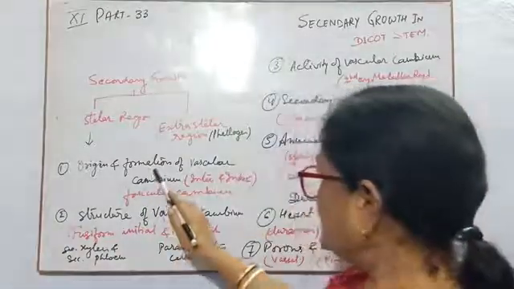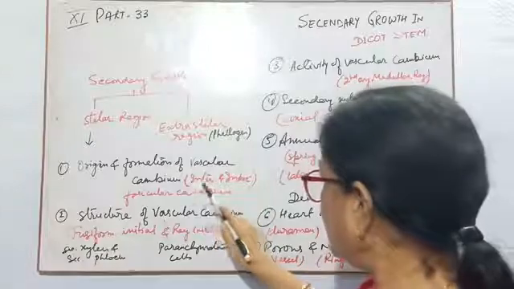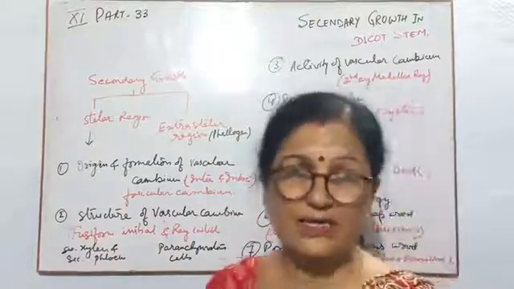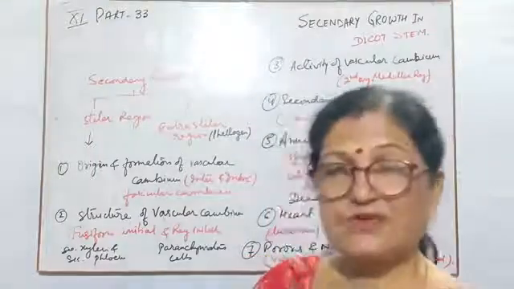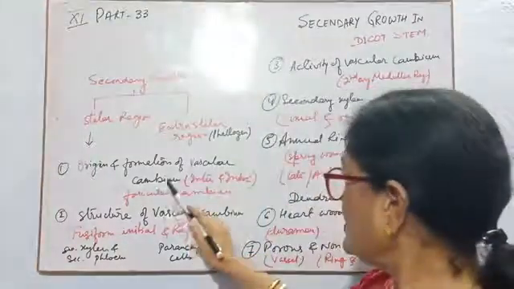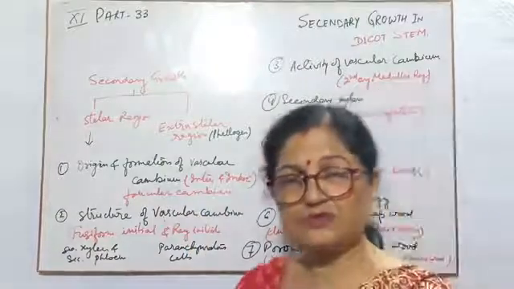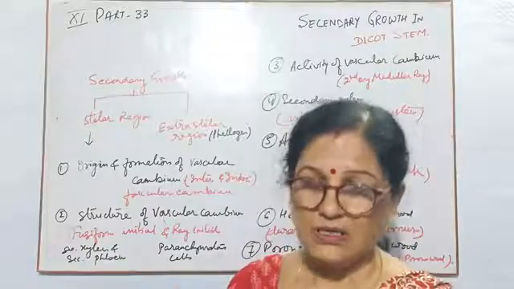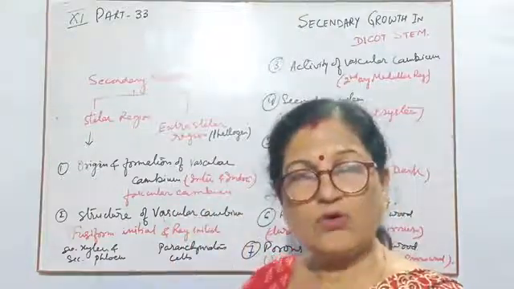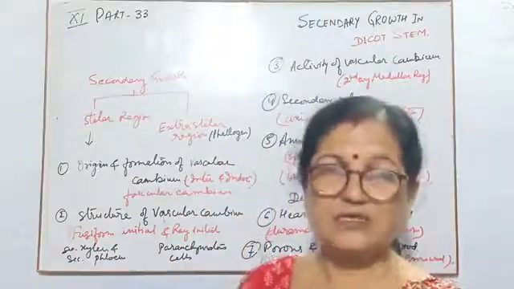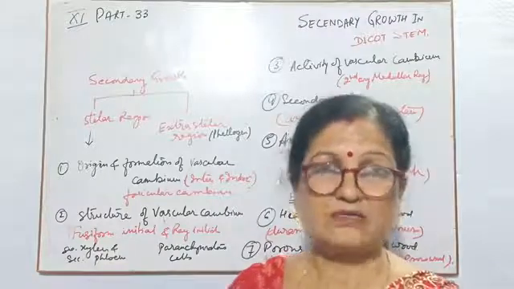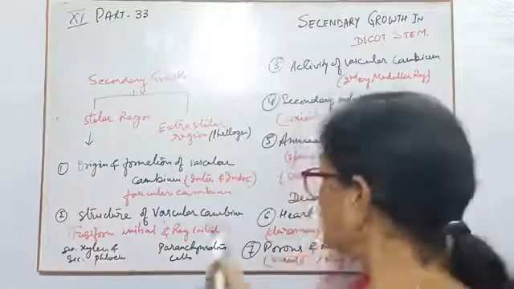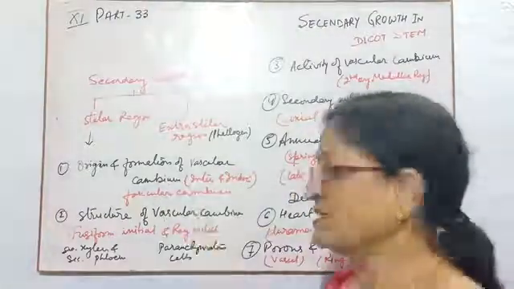So first, the formation of vascular cambium: interfascicular cambium and intrafascicular cambium. First, the cambium cells will grow in between the xylem and phloem, so it will be the intrafascicular cambium. So in all the vascular bundles, when it grows completely, then in between the two vascular bundles there will be the growth of interfascicular cambium.